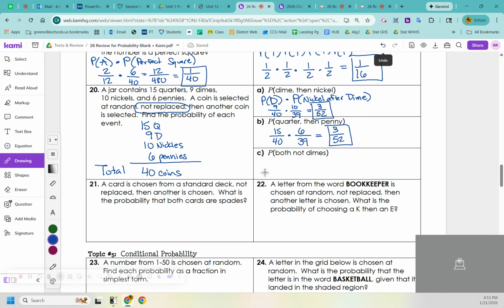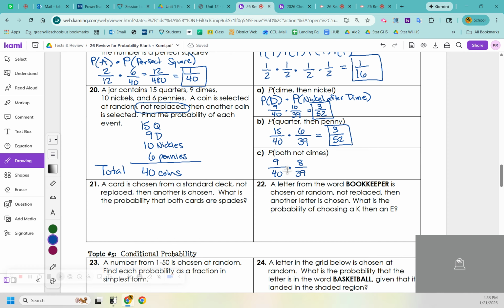All right, they're both dimes. So 9 over 40 times 8 over 39. Oh, I didn't explain. So we had 40, I got a dime, and I'm going back for another dime. The probability of a dime given a dime is chosen. So I already have a dime, so now the top number is changing too because we're doing it 2 times in a row. And the bottom number is changing.